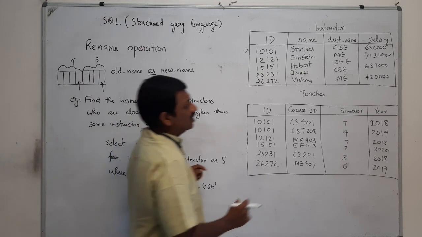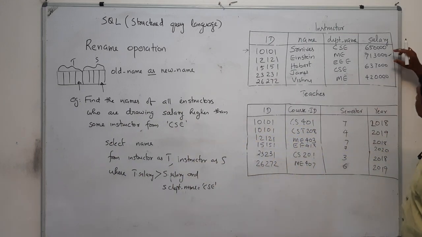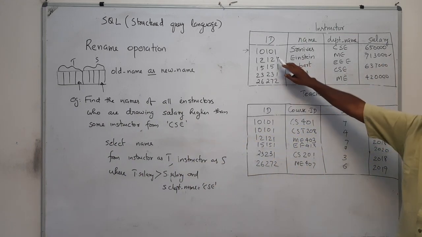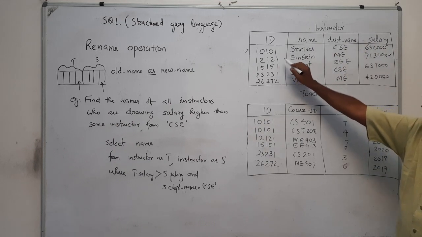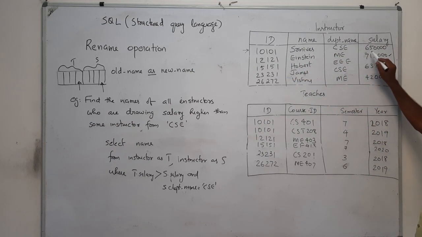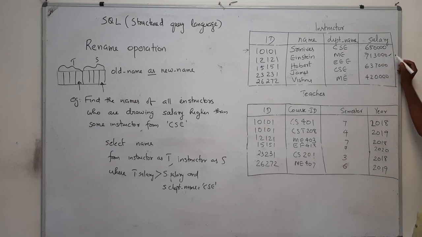Here we have tuples like 101, Srinivas, CSE, 6,50,000, and again 101, Srinivas, CSE, 6,50,000.